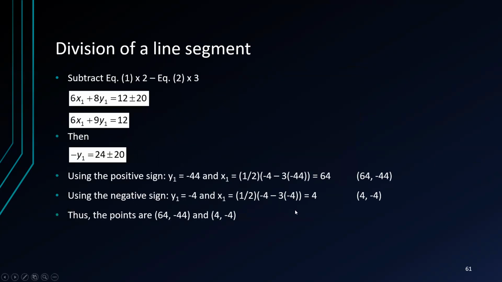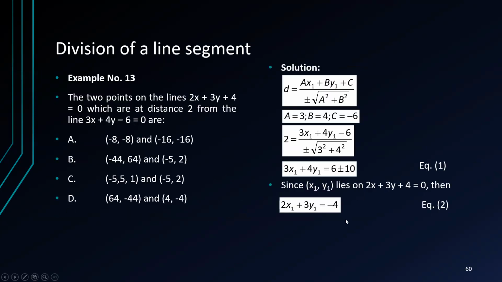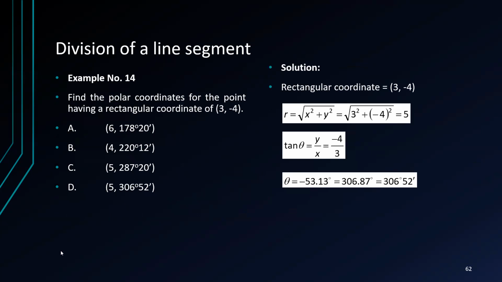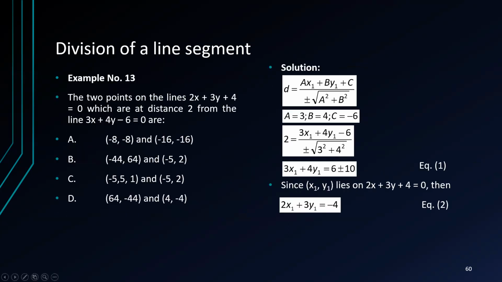X1 is 1 half of negative 4 minus 3y1 over 2. Yung 1 half, ito yan. So the value is 64, mauna yung x, and negative 44. And second point is 4 and negative 4. The answer is 64, negative 44, letter D.